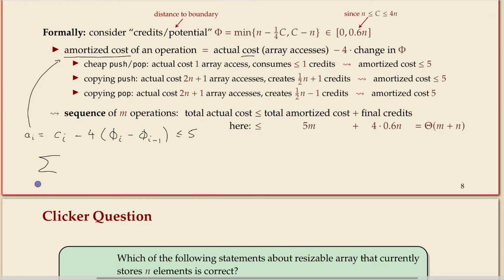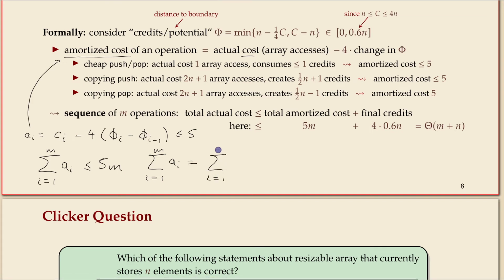But what's behind amortized analysis in all cases is the following observation. If I sum up all the amortized costs, I on the one hand know that this is at most 5m, because each costs at most 5. But also I can rewrite this sum by inserting the definition, and then I can split the sum.